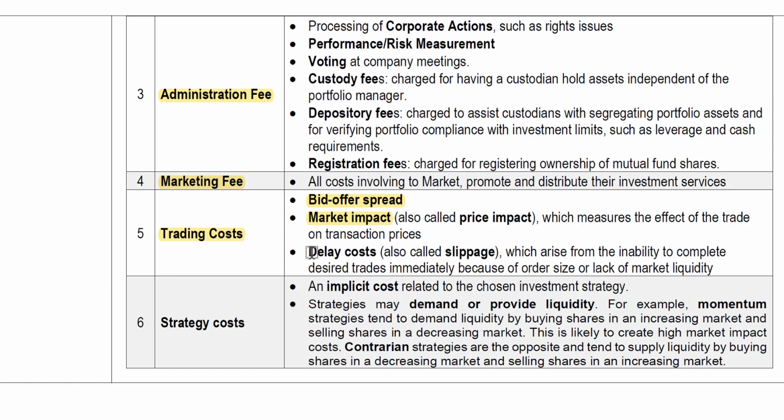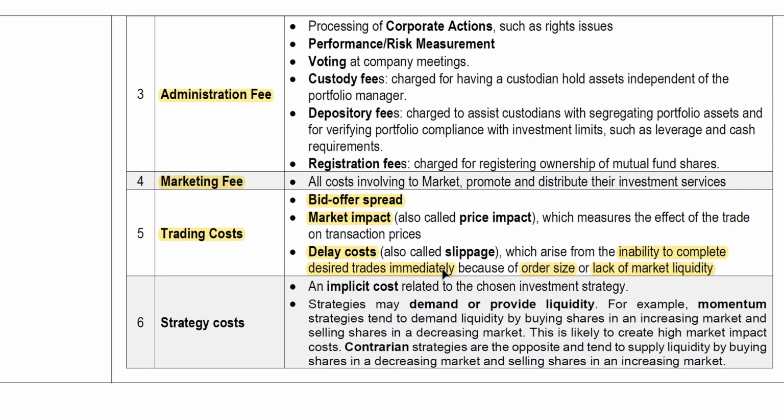Another one is a delay cost. Delay cost is what we call slippage. This happens all the time in the smaller cap stocks, because those stocks lack liquidity. So there is an inability to complete the desired trade immediately because of the order size or the lack of market liquidity.